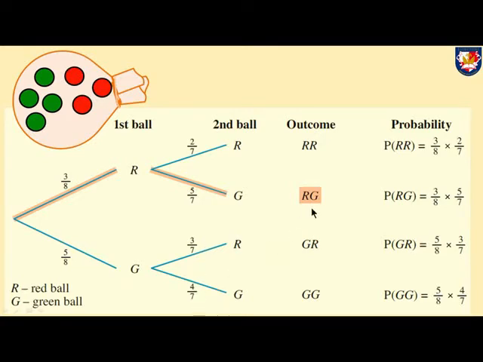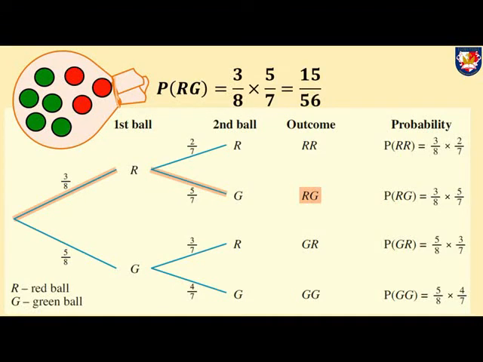Now, this is the favorable outcome for first red and second green. So the probability of red first and green second is 3/8 times 5/7, equal to 15/56. It comes from this one multiplied by this one.